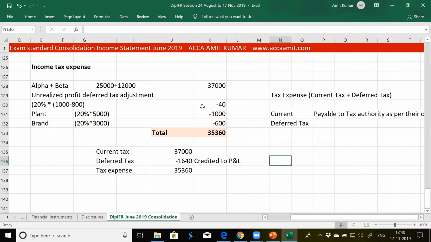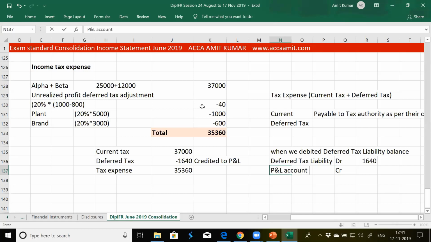And how did this get credited to P&L? When we debited the deferred tax liability balance. So the entry we passed is deferred tax liability debit 1,640, credit profit and loss account 1,640.